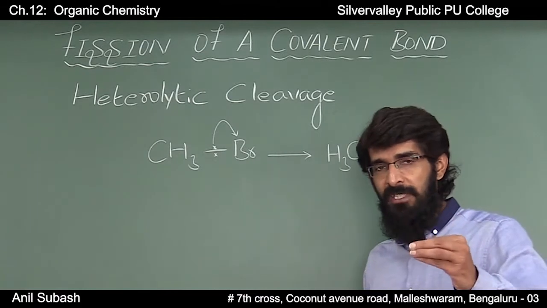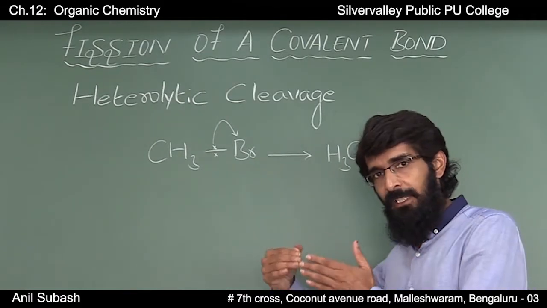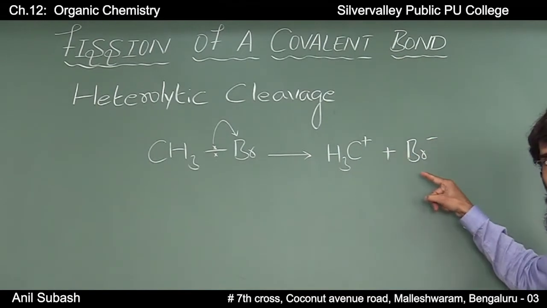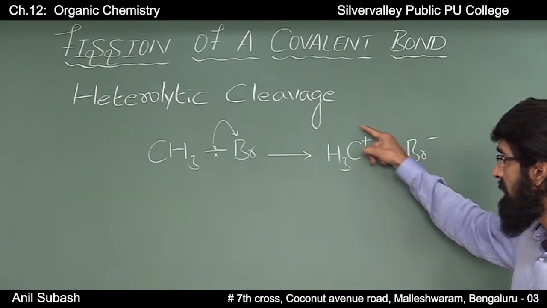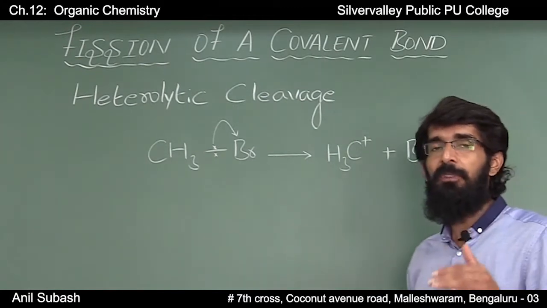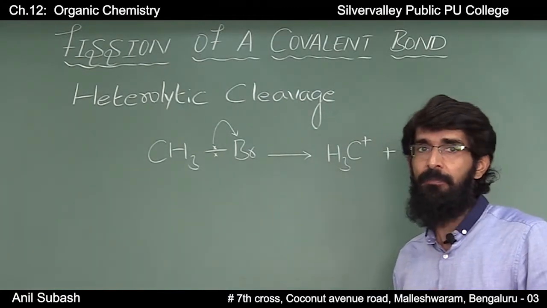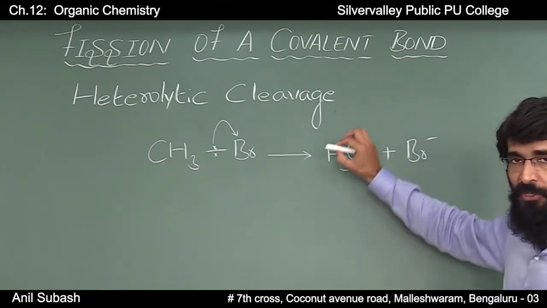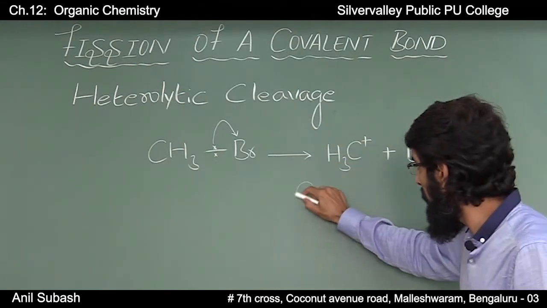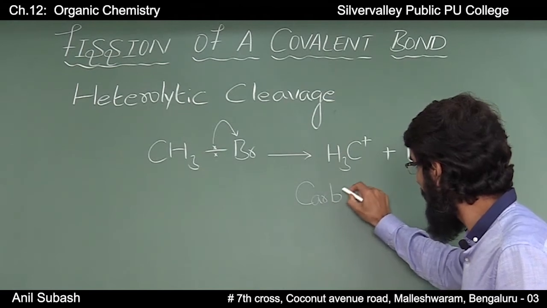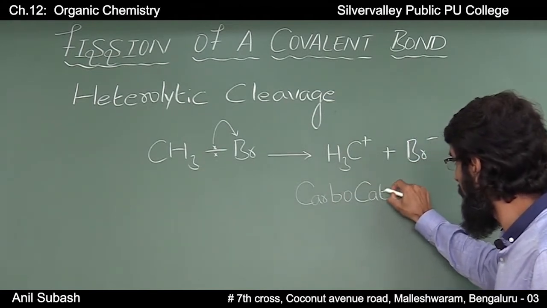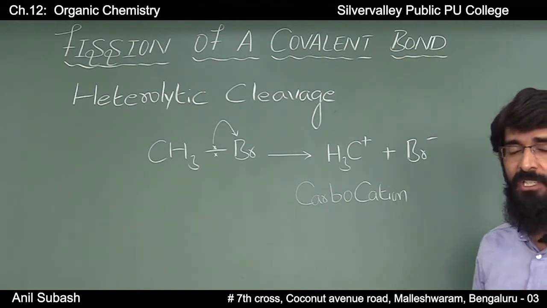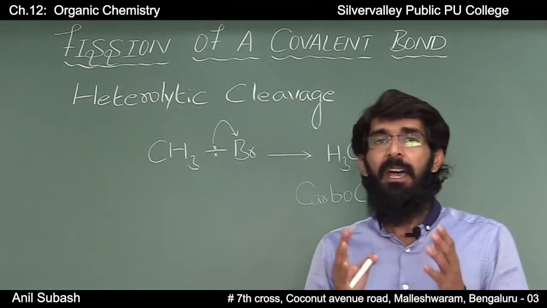The species which takes away the pair of electrons will carry a negative charge, and the species which gives electrons will carry a positive charge. In this case, carbon is having a positive charge, and therefore it is known as a carbocation, and bromine is having a negative charge and it is known as an anion.